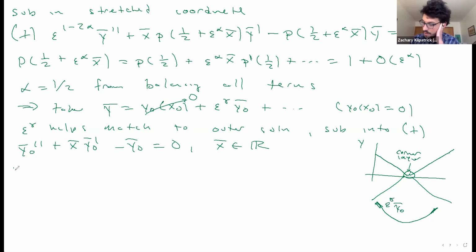Okay. So now note that y0 bar equals x bar is a solution to this.